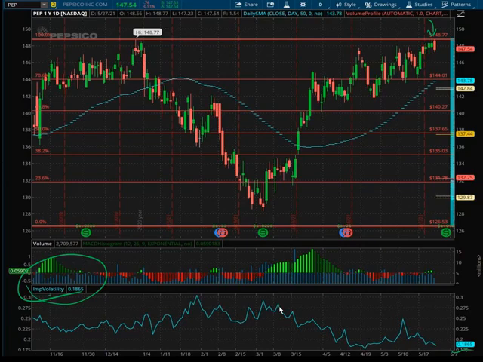Now we want to determine where we are right now within that range. Between this line and this line, we are closer to the bottom. So that's your first indication that those option premiums are pretty cheap. Just look at where we are right now within that range.